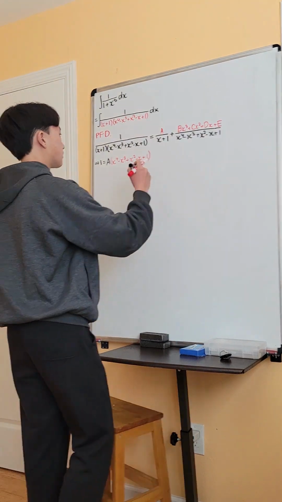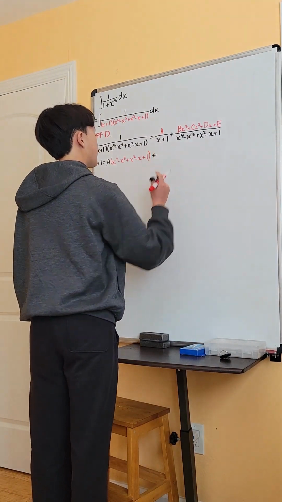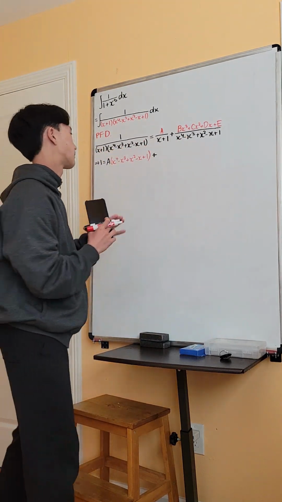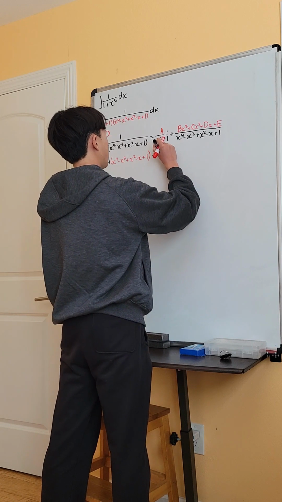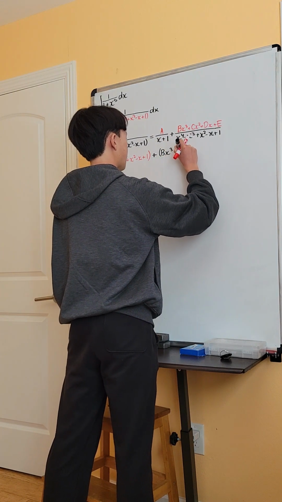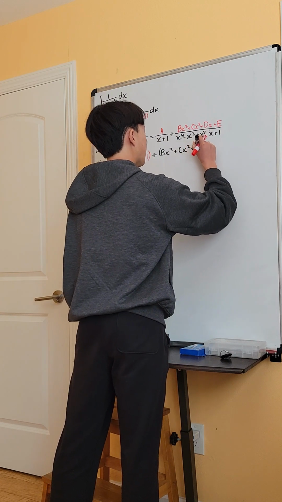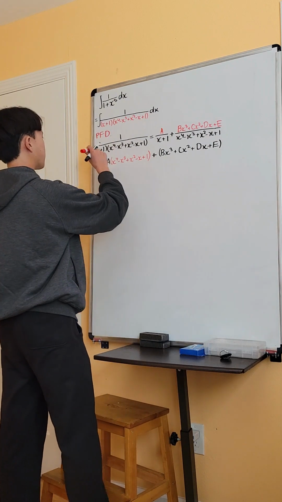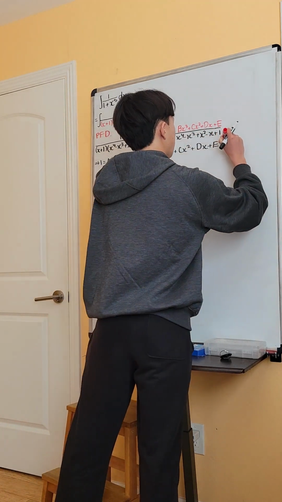Then we have an addition. This second term right here, this quartic cancels out with that quartic, so you're just left with the linear. So this numerator is still here. You have bx cubed plus cx squared plus dx plus e. Now you're multiplying by binomial x plus 1.